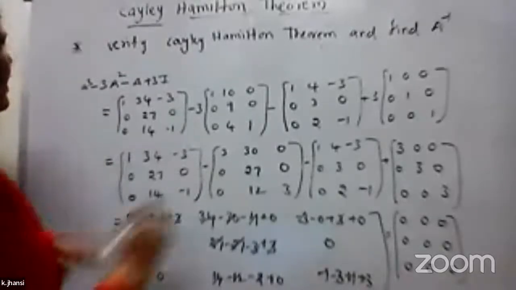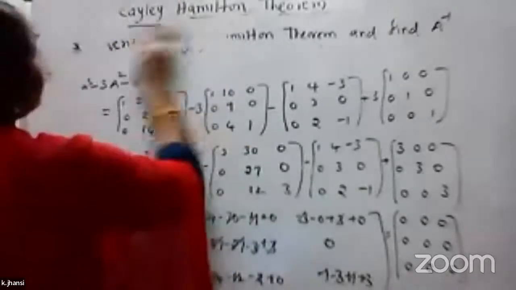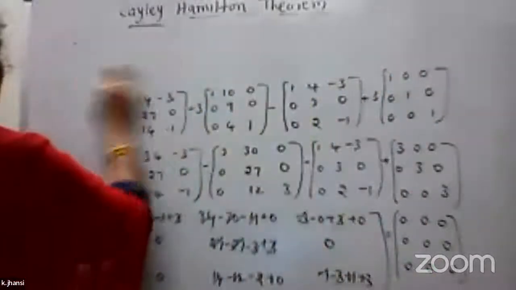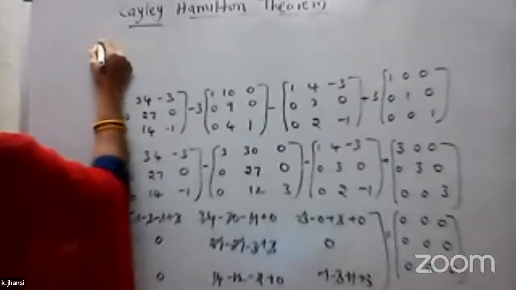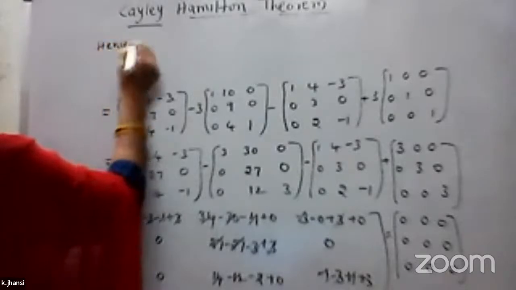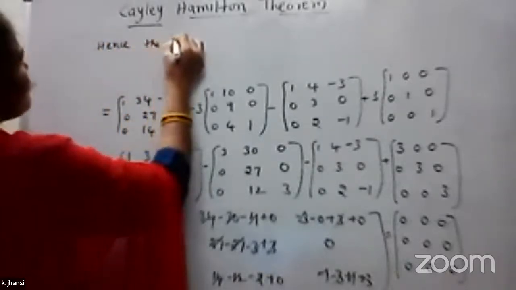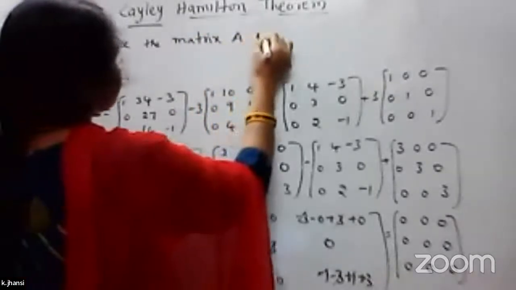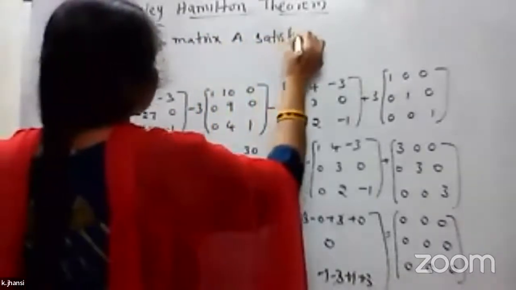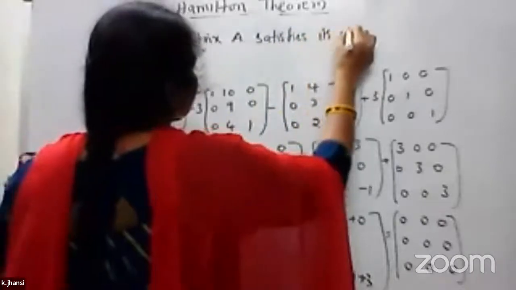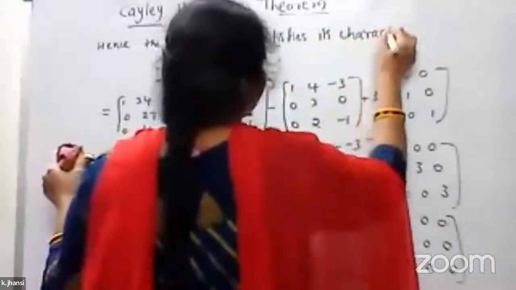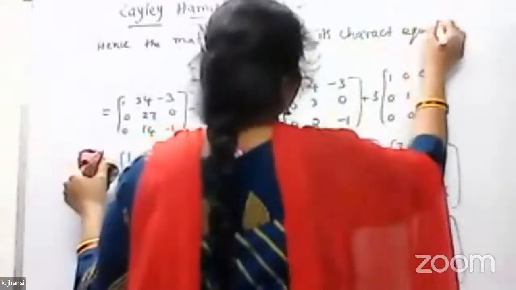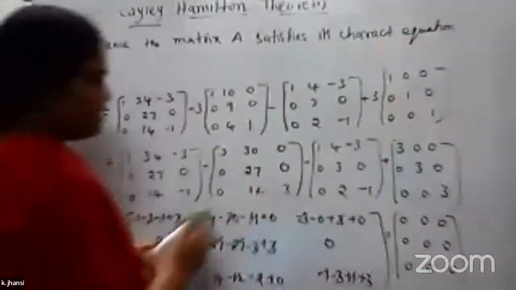Here you can write: hence the matrix A satisfies its characteristic equation. Okay, so this is the first part.